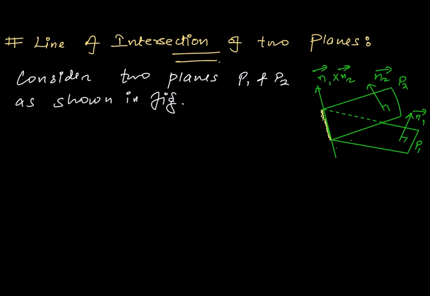Okay. Now we are interested in finding the equation of the line of intersection, which is given in unsymmetrical form.